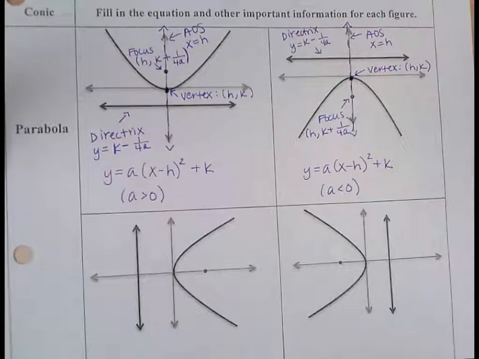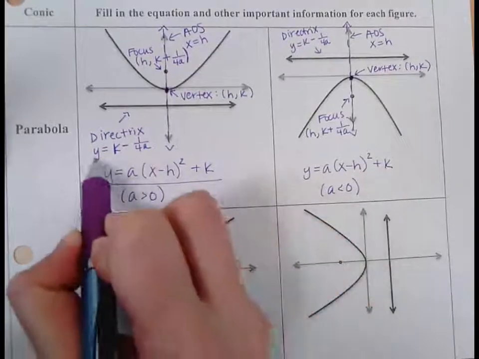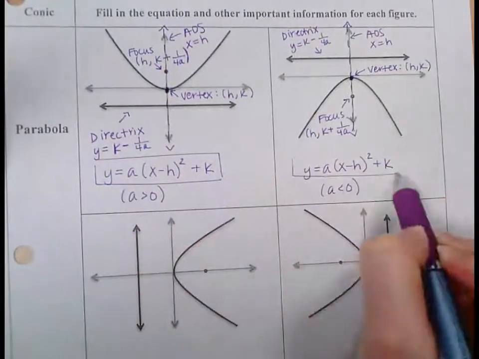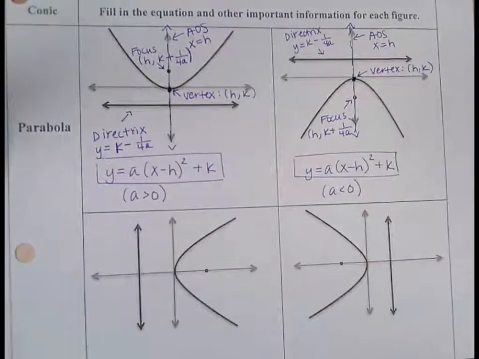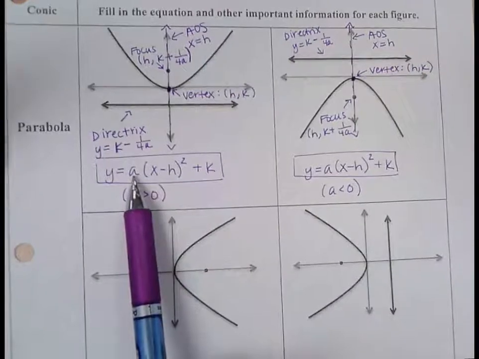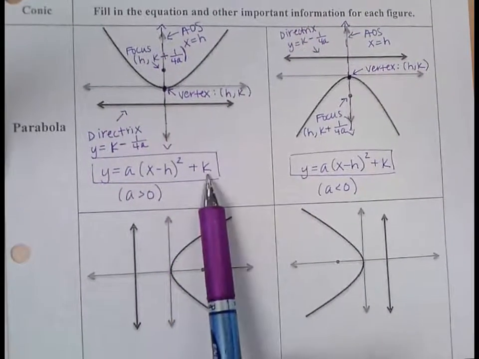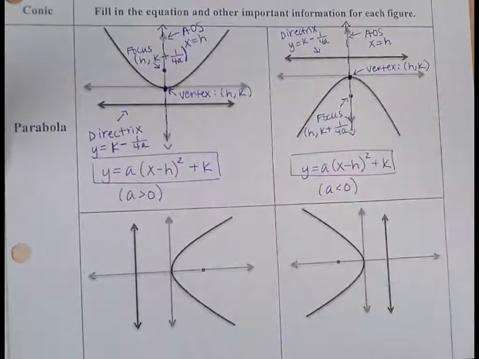There's one last thing, but if anybody's still writing stuff in, I might just draw a box around the standard form to differentiate here. The whole idea is if you already have the equation of a parabola, you should be able to identify what your a value, h value, and k values are, so that you can use these formulas to find all of your characteristics to graph it.